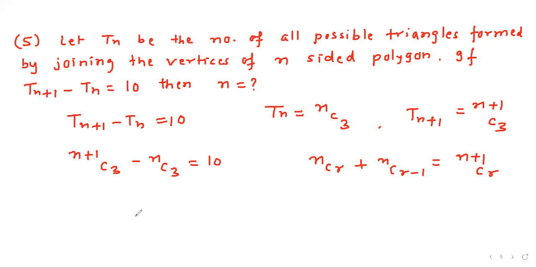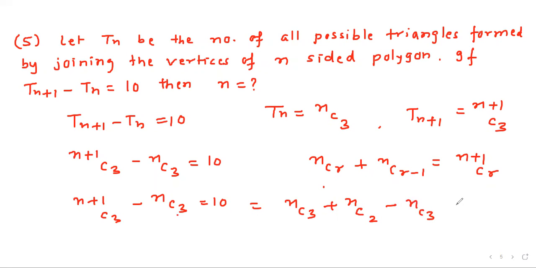So if we apply that formula here, we can break this (n plus 1)C3 as nC3 plus nC2, minus nC3 equal to 10.